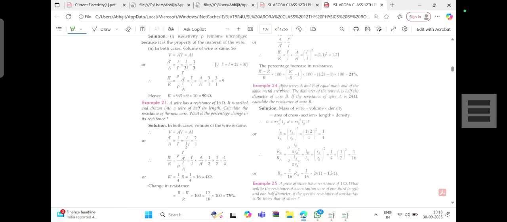Now look, the question is: two wires A and B of equal mass and of the same material are taken.